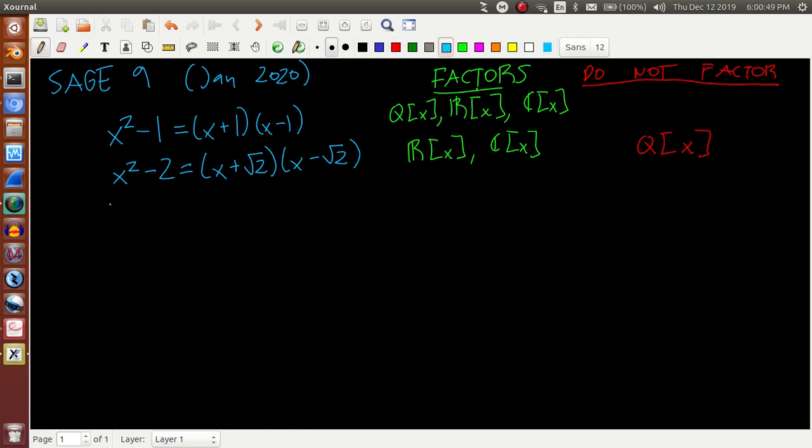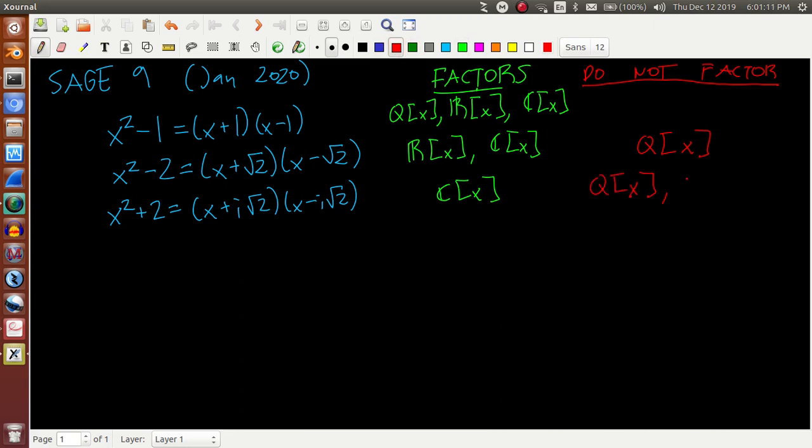And then if we throw in something like x squared plus 2, well, now we see that, of course, we need our old friend i to factor that. This one of these possibilities only factors over C and does not factor over either the rationals or the reals.